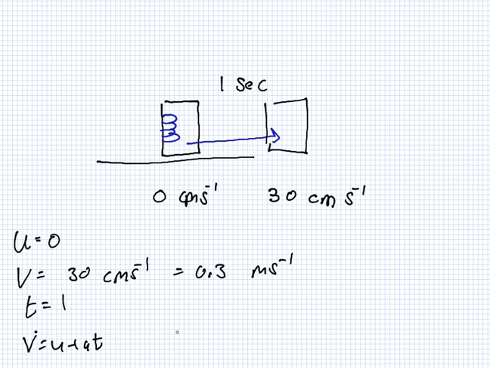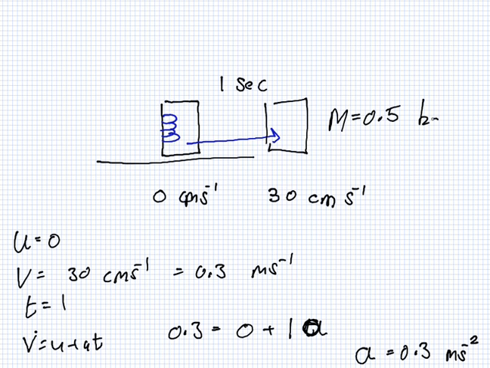So I can say that 0.3 equals 0 plus 1A. That was lame, that should be an A, not a T. T is 1, yeah. A equals 0.3 meters per second squared. Now we also know the mass is 0.5 kilograms.